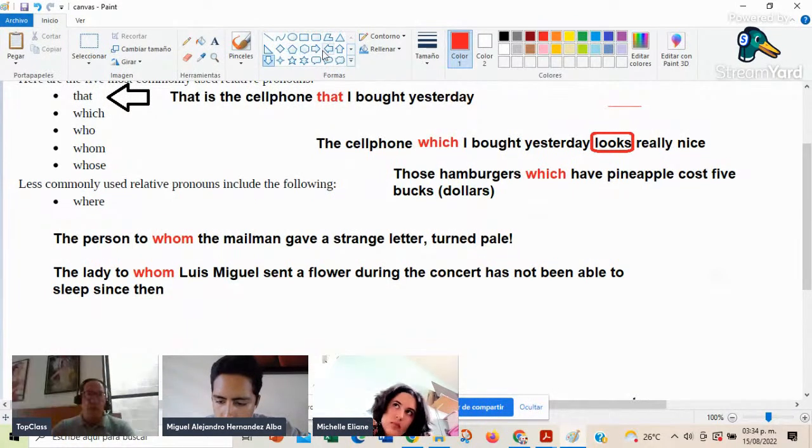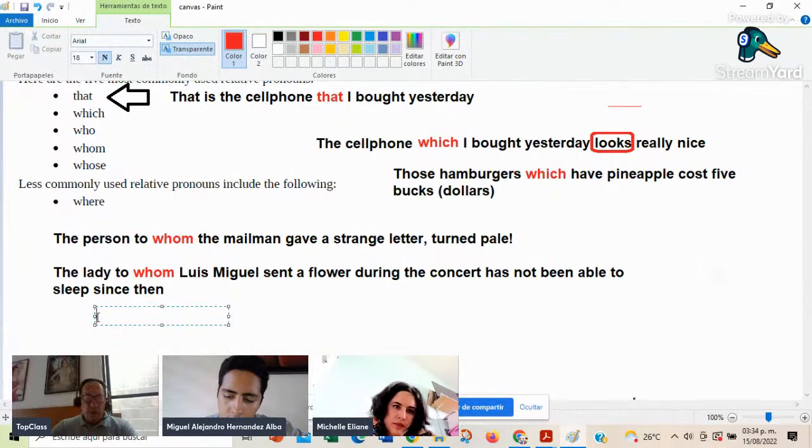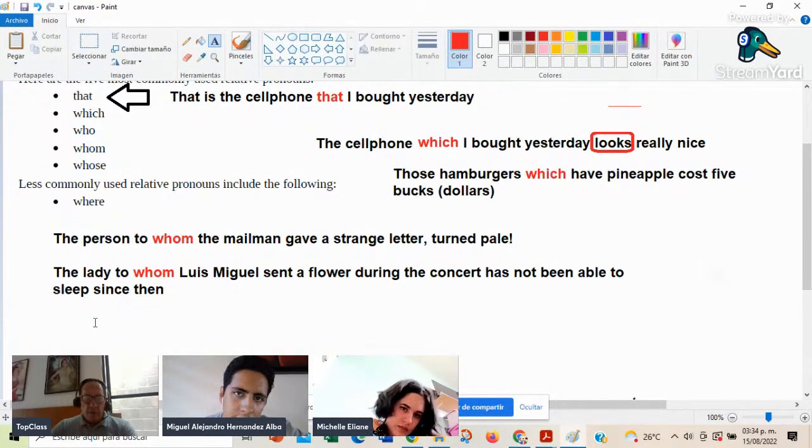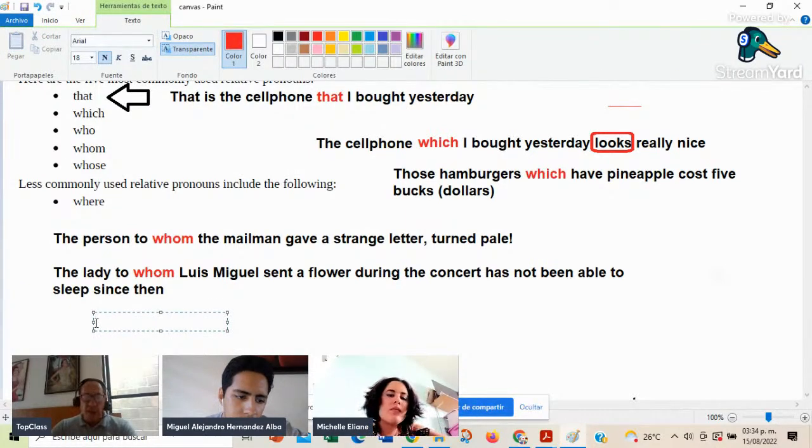And the other example that we saw was whose. Remember when we use whose, Mickey? Whose is to refer like a possession, right? Yeah, it's like a possessive pronoun. Exactly, right.